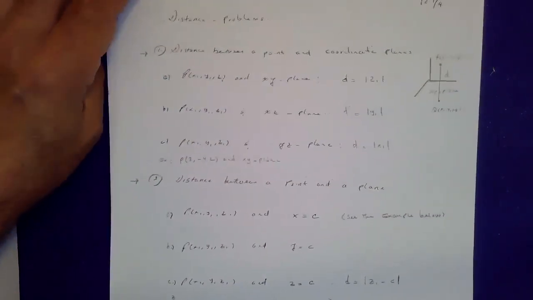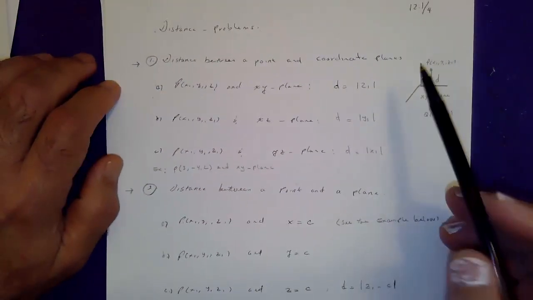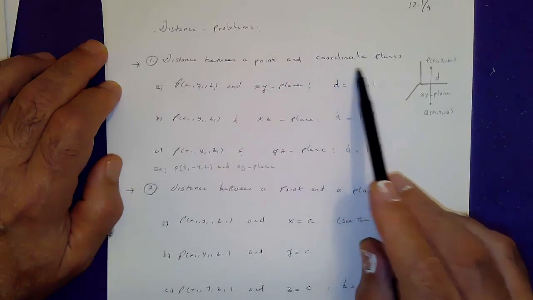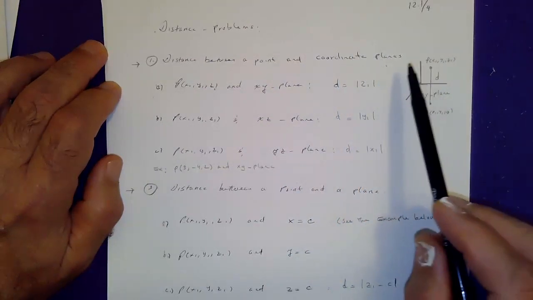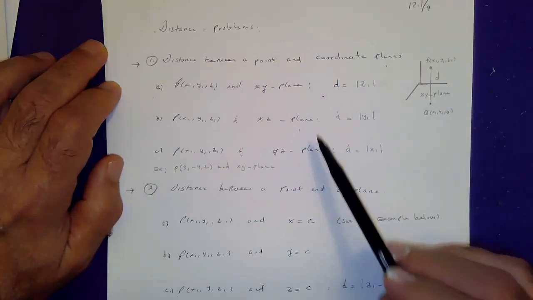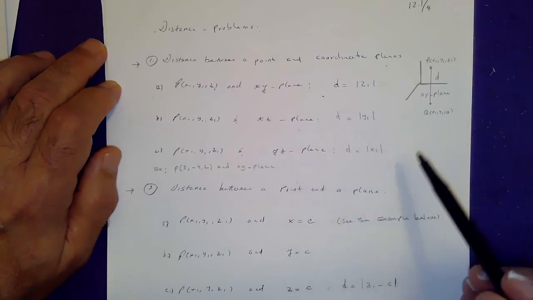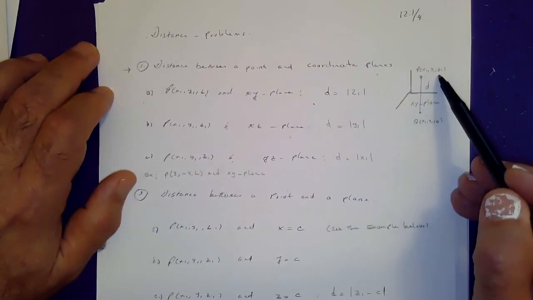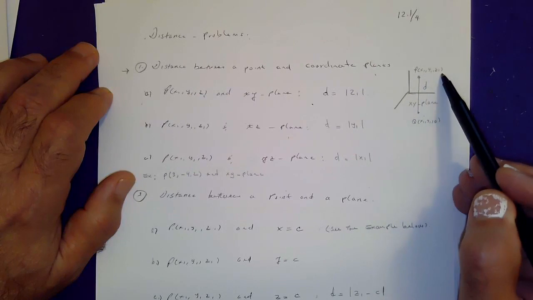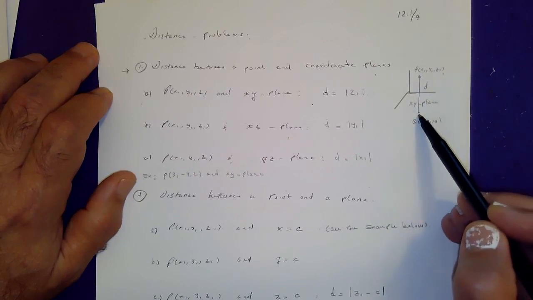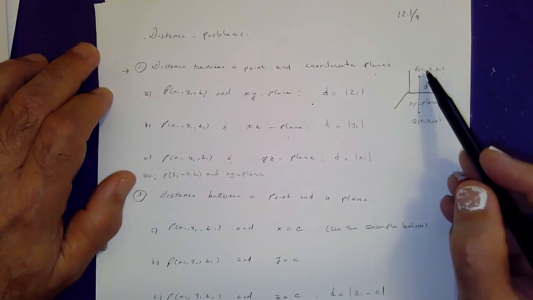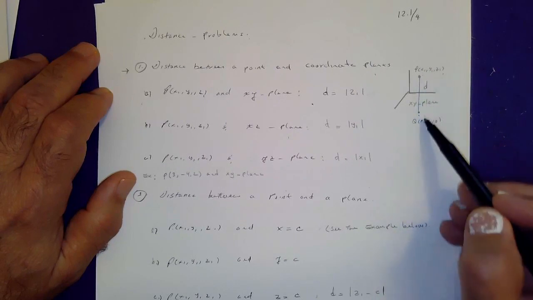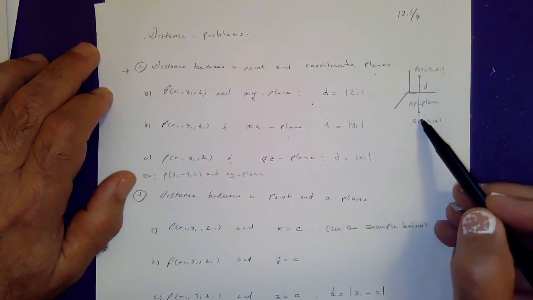Then we have distance problems. This would be the distance between a point and the coordinate planes, like the xy plane, yz plane, and xz plane. If you have a point, let's say (x, y, z), and you want to find its distance from the floor, notice this has to be the shortest distance, so you can't just choose any point.